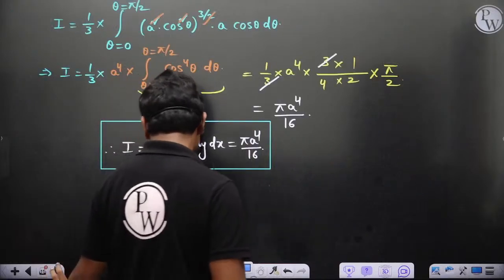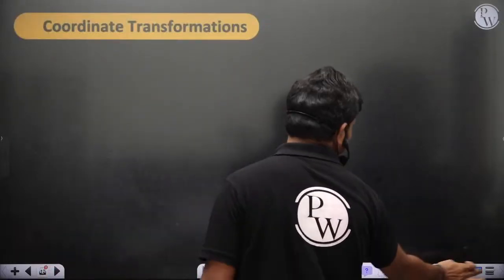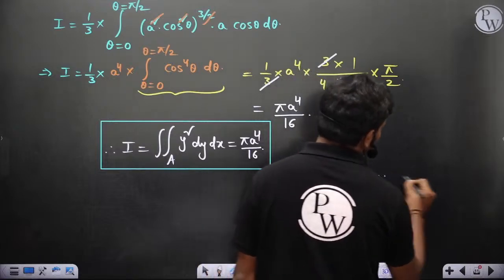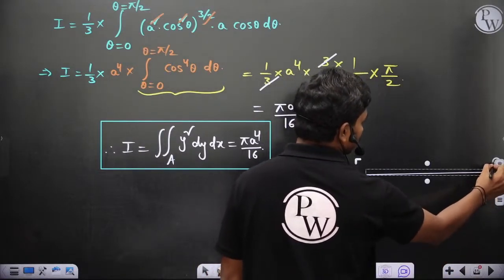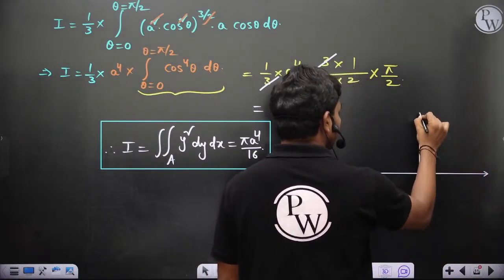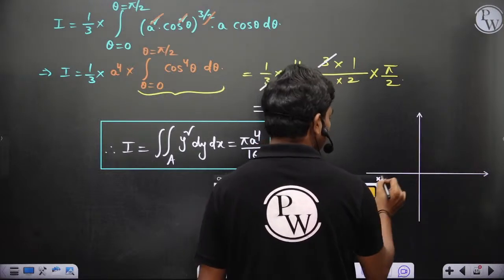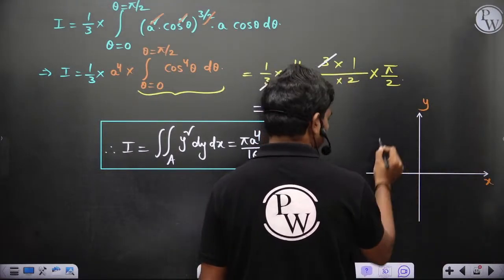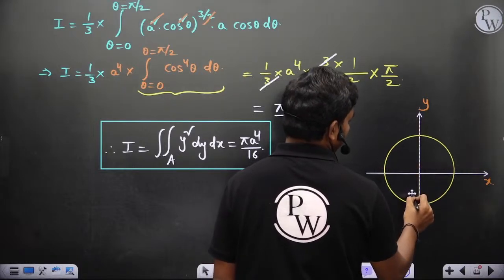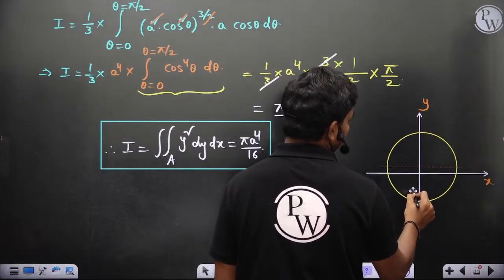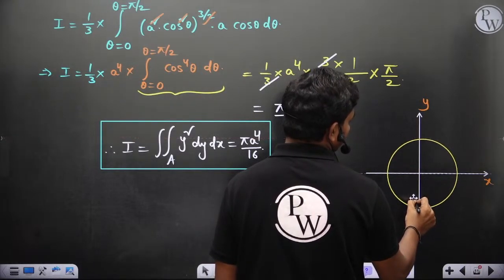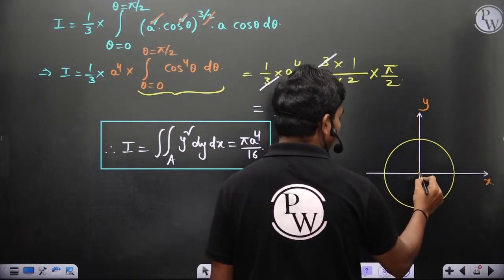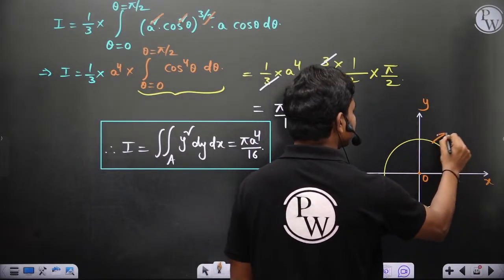If you have a complete circle, let's see, I'll ask you this question, if some of you might have seen this at least. Let's say you have a circle like this, with x and y axes, and this is the origin.